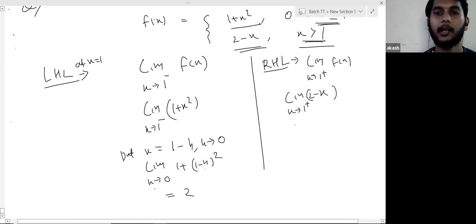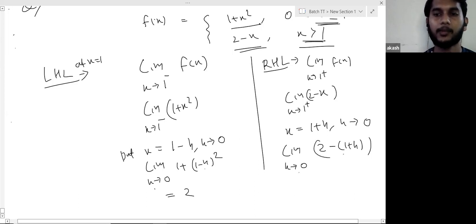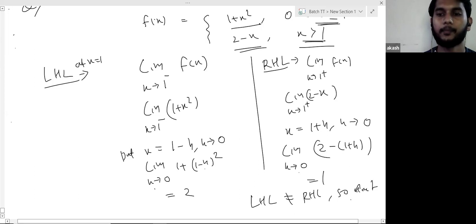And for RHL, always put x equals 1 plus h, h tending to 0. So the limit as h tends to 0 of 2 minus (1 plus h). Put h equals 0 here, so the answer is 1. So we can say LHL is not equal to RHL, so the limit does not exist. Is this clear?